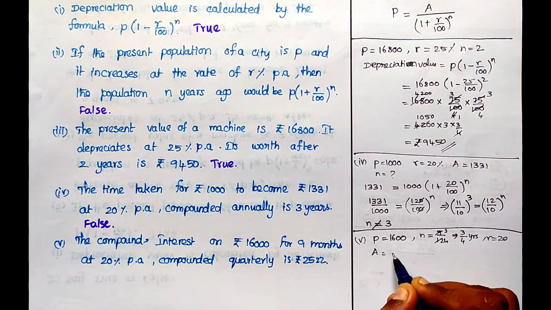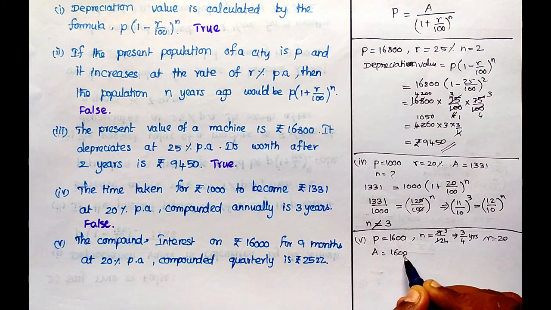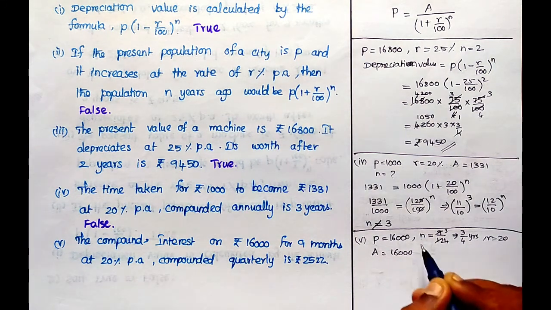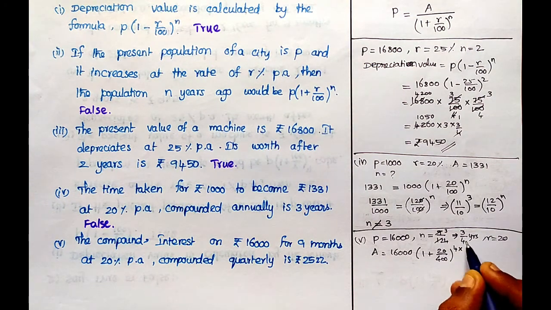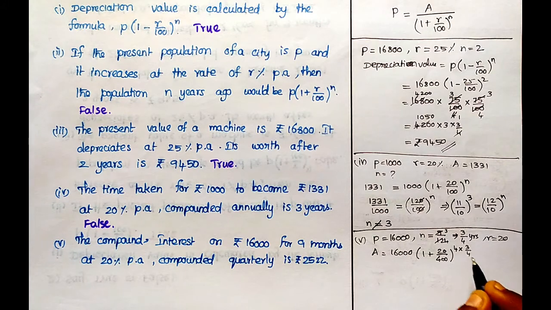So amount equal to 16,000 into (1 plus 20 by 400) power 4n, for quarterly. 4 into n is 3 by 4. 4 cancelled.